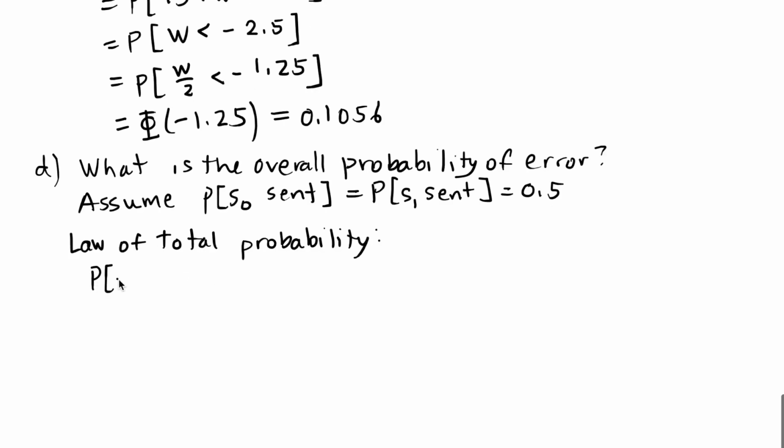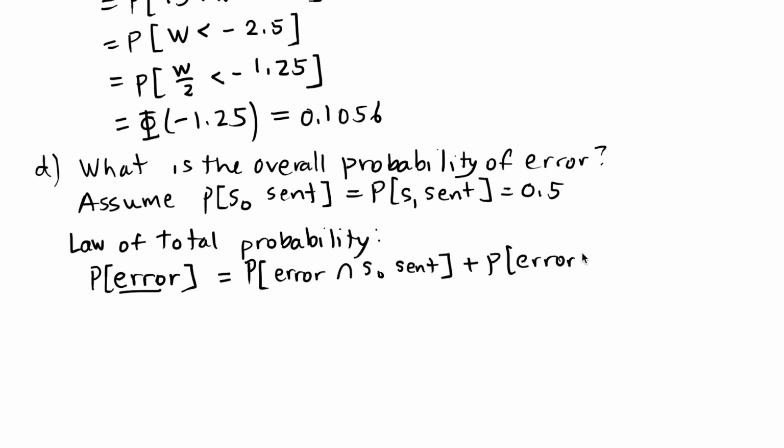In this case, it tells us that we can find the probability of the event we want, this error event, by intersecting it with S0 sent, and the intersection of the error with the S1 sent event. And this is because S0 and S1 are a partition of our entire space. That is, one or the other is going to happen. There's nothing else that could happen.